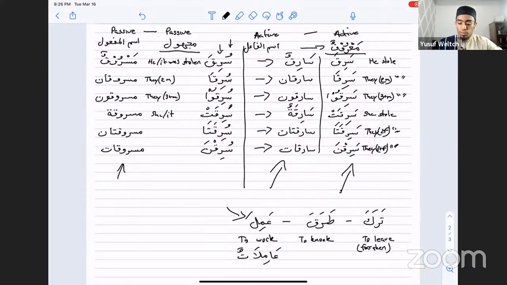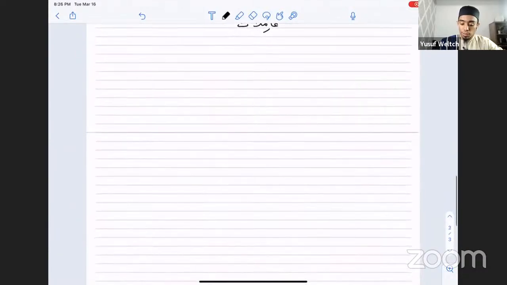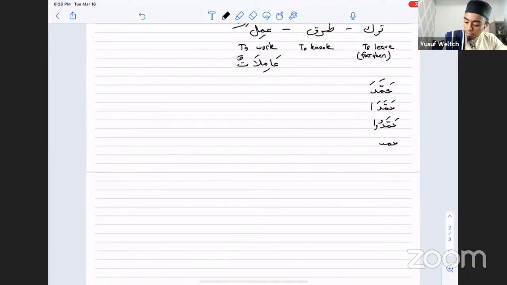We're going to move to form 2 right now, actually. Thank you. No problem. So form 2, we had the word above, hammada. Hammada, hammadu, hammadat, let's just stop there.